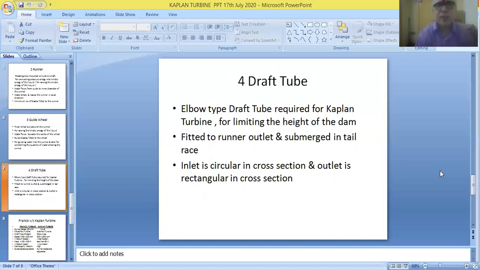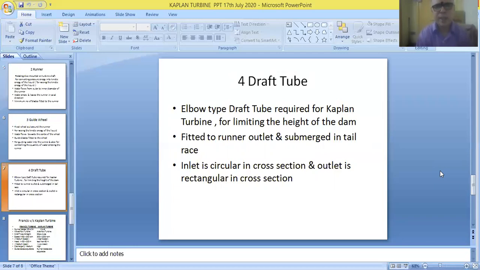So it will be receiving the entire quantity of water coming out of the runner, and it will be raising the pressure energy of the liquid coming out of the runner. And finally, it will be discharging the entire quantity of liquid onto the tail race.